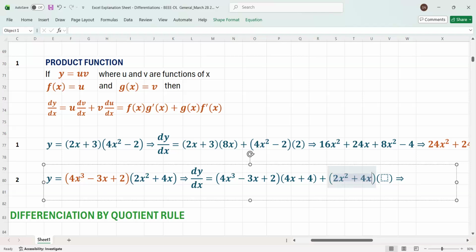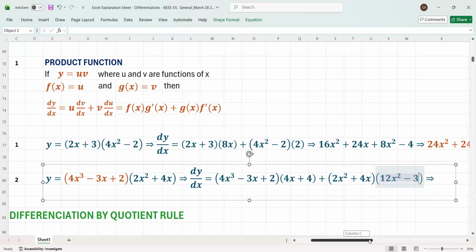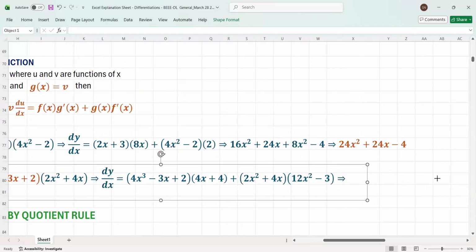And then I'll now differentiate the first function. So when I differentiate 4x to the power 3, what would that give me? 12x squared. 12x squared. Yes, 12x squared. And then when I differentiate negative 3x, wouldn't it be minus 3? Yeah. Okay, minus 3. Okay, so like we did for the first one, we are supposed to expand and simplify.